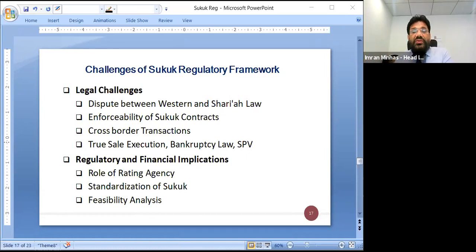So this is also another case study. The Nakheel Sukuk case, wherein the leasehold interests were not viewed as real rights or property rights under the relevant law in the UAE, which is applicable in the Emirates.